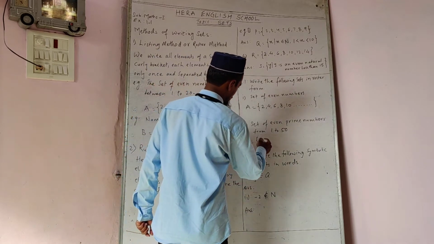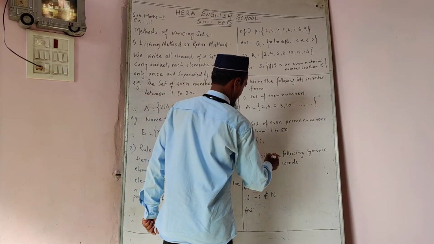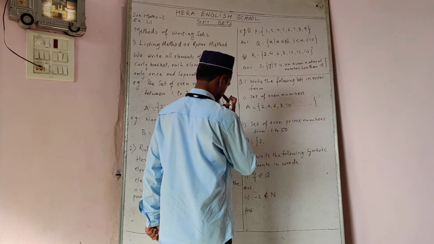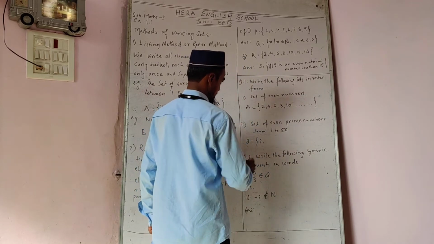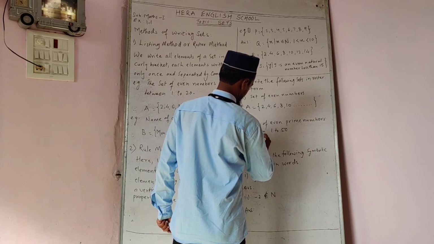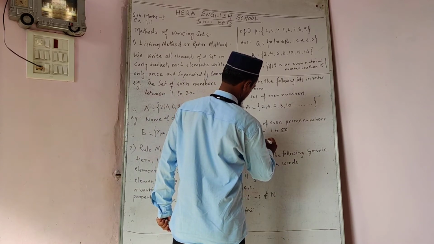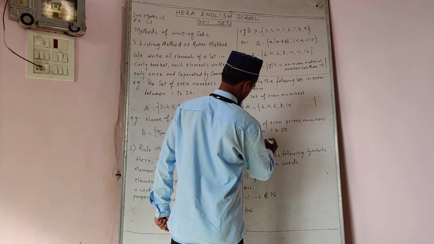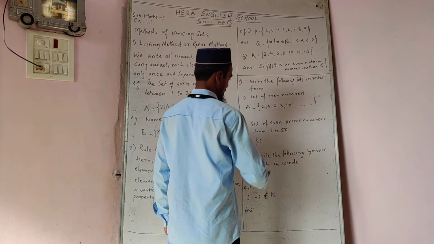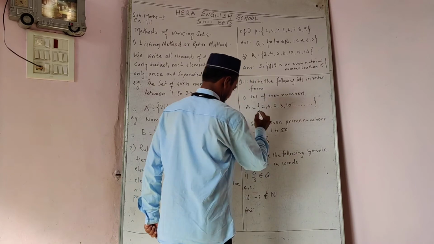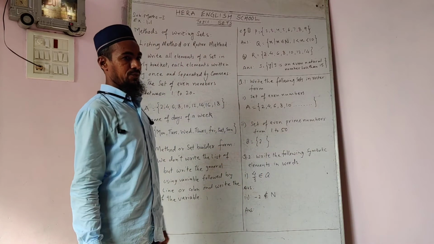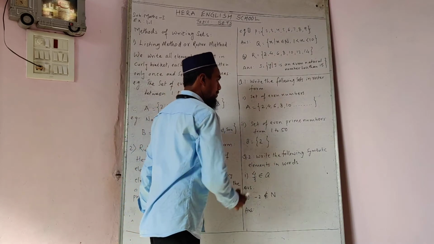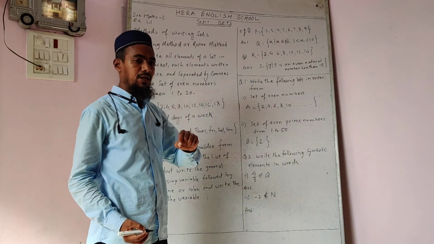Okay, we'll write 2. This is the number 2. Only one element is there, 2. 2 is the number which is both even and prime.